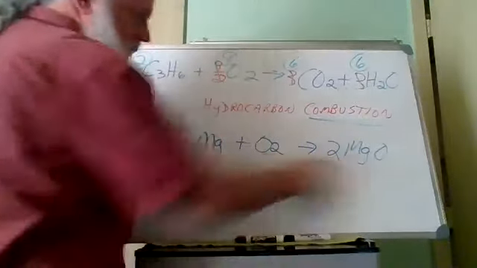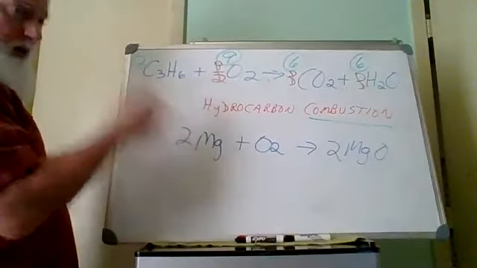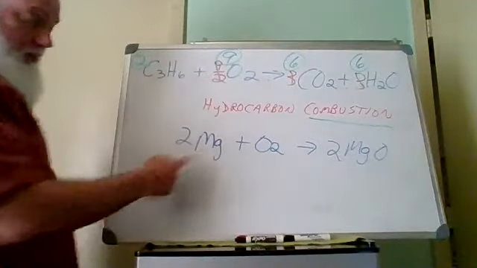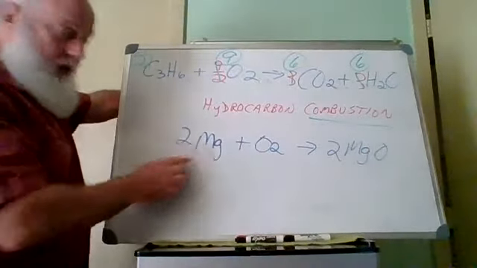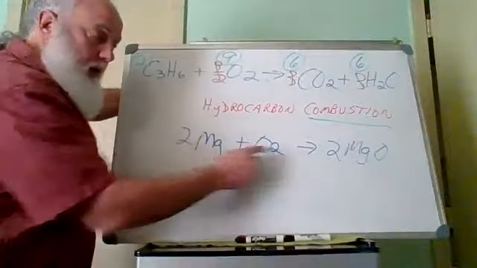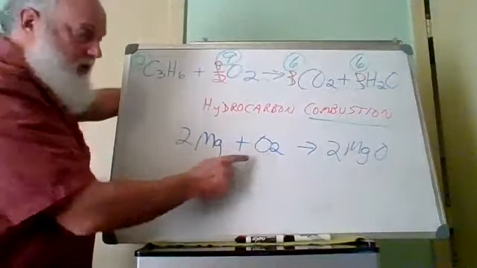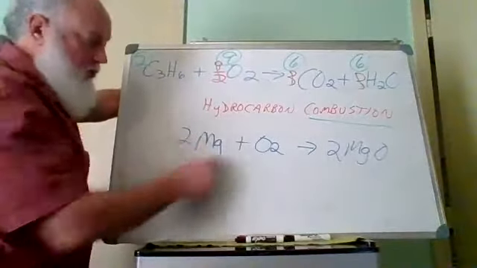And this happens very, very fast. If you remember, this burns with a very bright white light. Can't look at it, you'll fry your retinas. It burns super intense bright white light. This is a combustion reaction. You're burning something in the presence of oxygen gas. Is it a hydrocarbon combustion reaction? No, it is not.